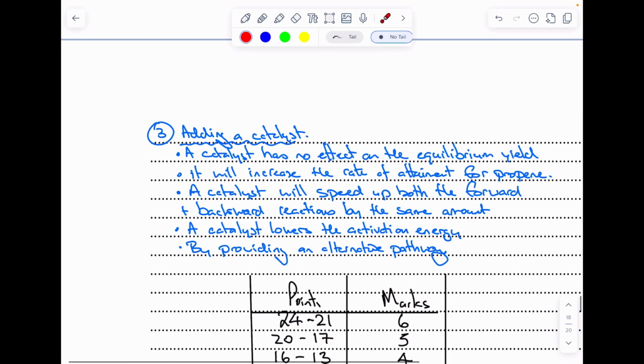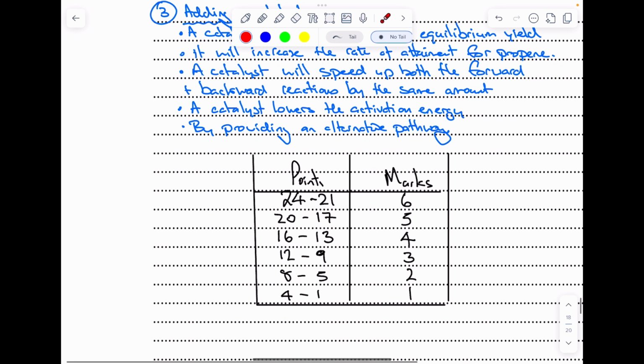If we had a catalyst, it doesn't have any effect on equilibrium, but it will increase the rate of attainment because it speeds up both the forward and backward reactions by lowering the activation energy and providing an alternative pathway. Each of these bullet points, I make 24 of them. So count up how many points you've hit, and then work out how many marks you've got for that particular question based on the points you have hit.